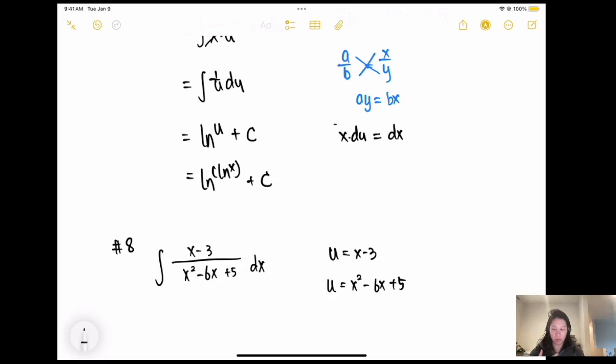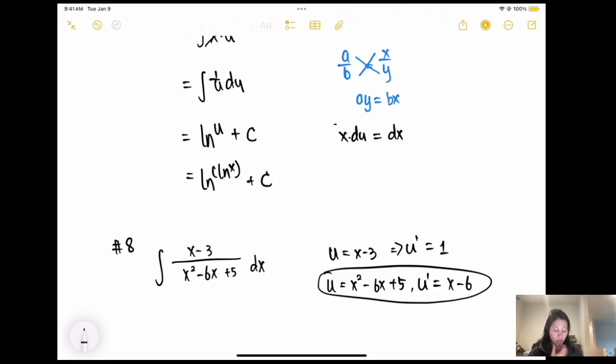You need to think about which one would be more useful for us later, so that we can cancel the x minus 3. If you get the derivative of x squared minus 6x plus 5, we will get 2x minus 6, so it would be more likely that we can cancel the x minus 3 later. If you just take the derivative of x minus 3, you will end up with just 1. So it seems not that helpful. So that's why we are using u equal x squared minus 6x plus 5.